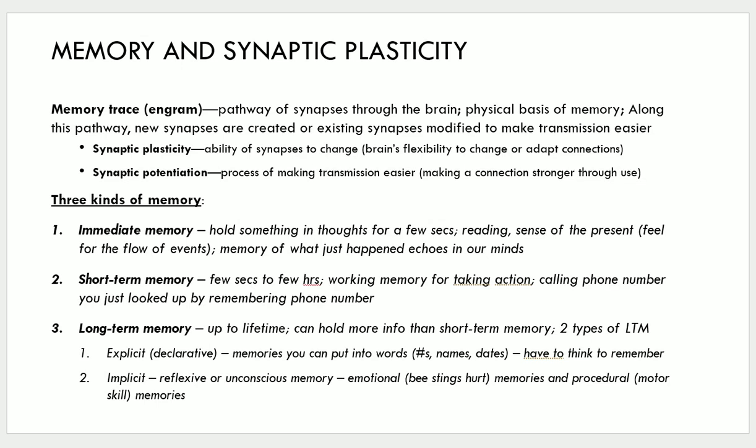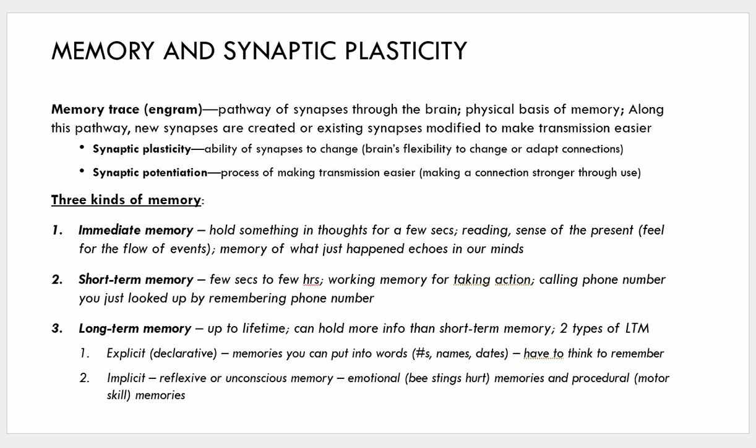You got bitten by a mosquito and it itches. Those are those types of memories. You know that a mosquito bite's going to itch because you've been there before. And then you have procedural or motor skill memories. These are things like riding a bike, driving a car, handwriting. All of those things are things that you will never forget.